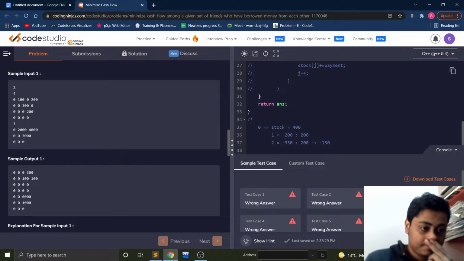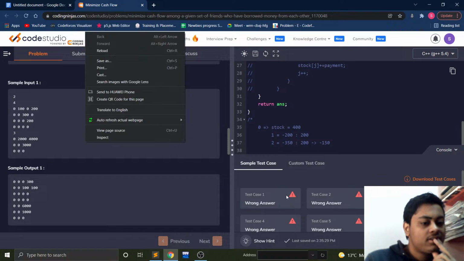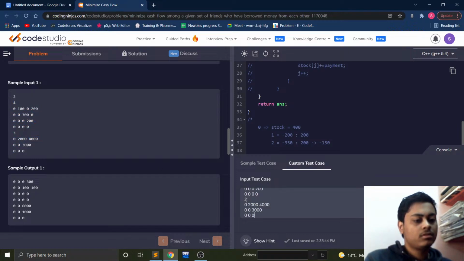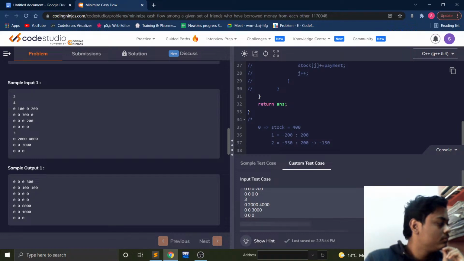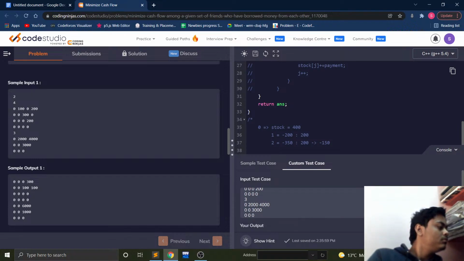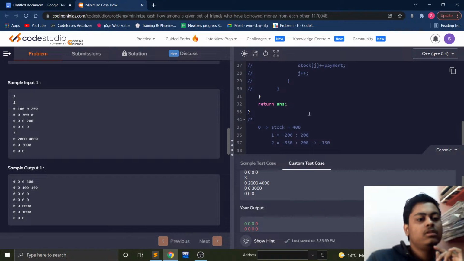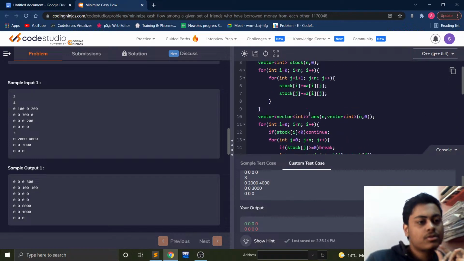Wrong answer. Why wrong answer? Let us try to give this. My output is completely 0. And why? Because is there any problem in the stock?